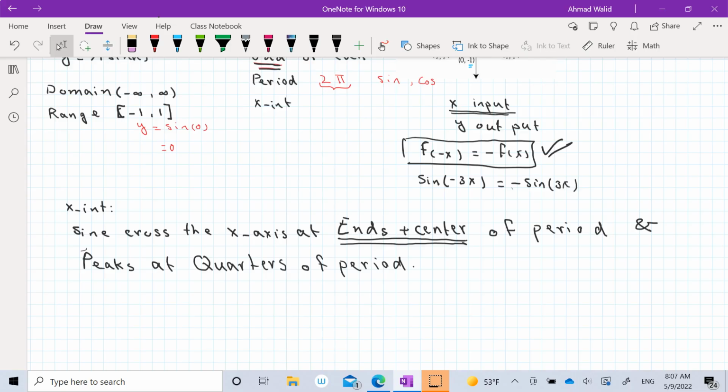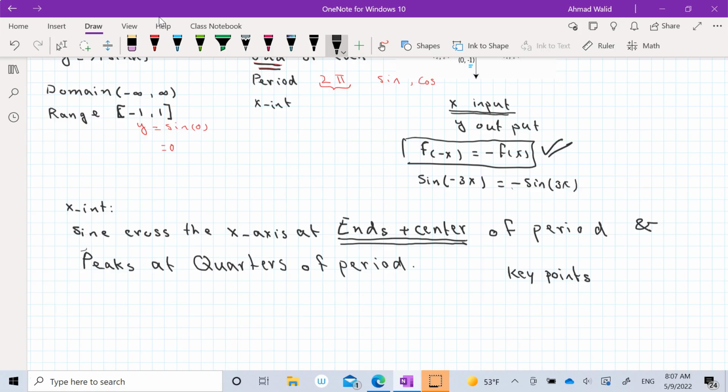Correct? Now, some key points for the graph of sine. When I'm talking about key points, please don't think that these key points are always for any function.